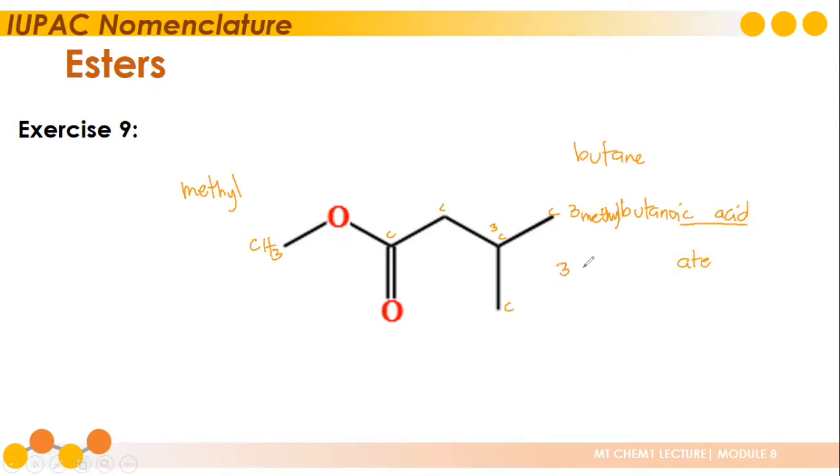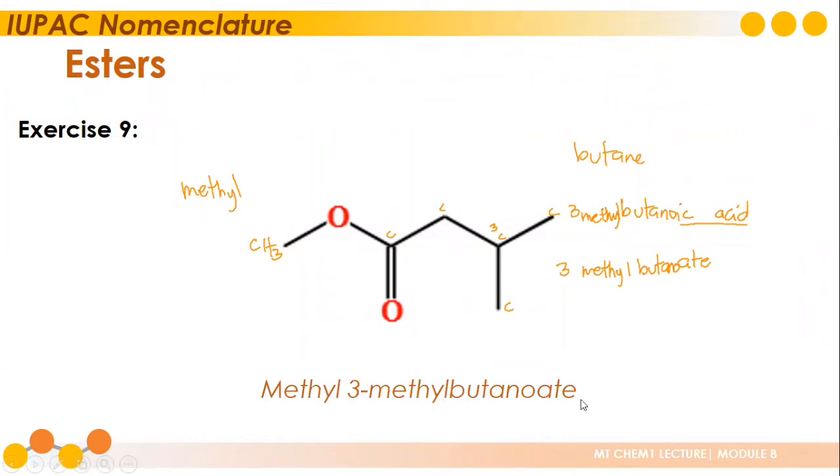So this is now 3-methylbutanoate. Right? So you might be asking, how are we going to place the alcohol group with the acid group? You have to place it in front of our acid group. So our final name for this compound will be methyl 3-methylbutanoate.